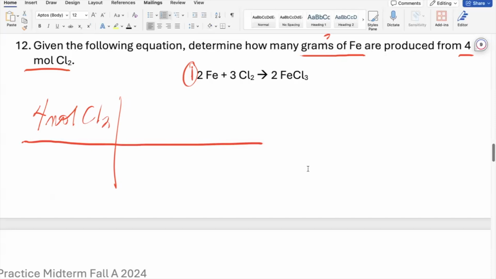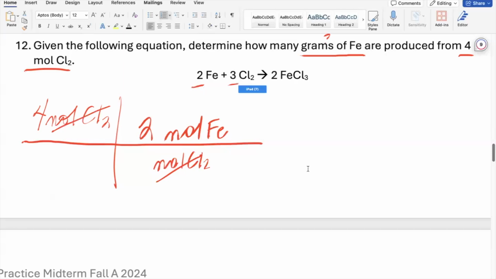So I want moles of Cl2 on bottom since I want these to cancel out, and then moles of my desired substance on top, moles of iron. Here it looks like we have 2 moles of iron for every 3 moles of Cl2.